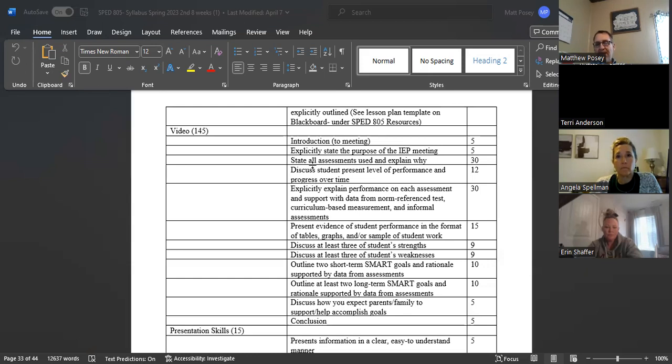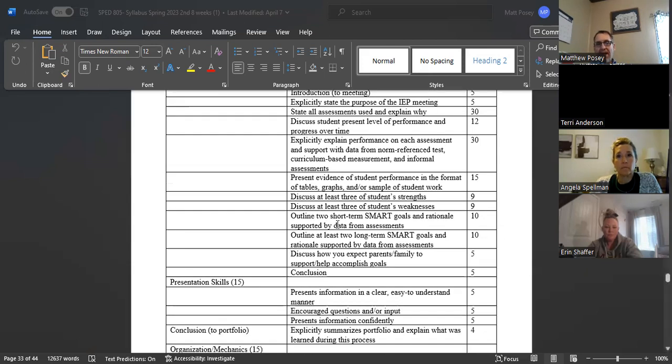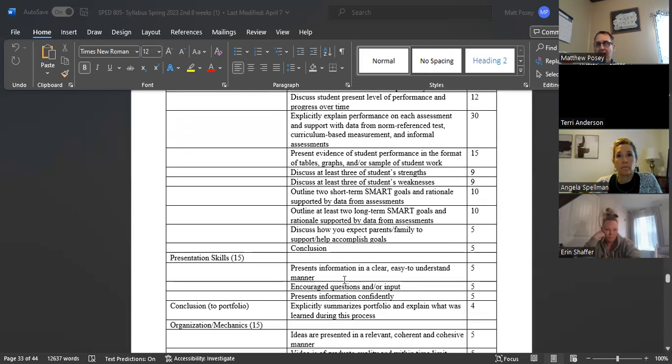Okay, the thing I'm really looking at is making sure you cover those areas there, but I'm looking for just a flow to the meeting. I talked last week about how important it is for you as the instructor to come in prepared, that you know and understand the content of the data, and are able to present that in a manner where the parent can understand it.